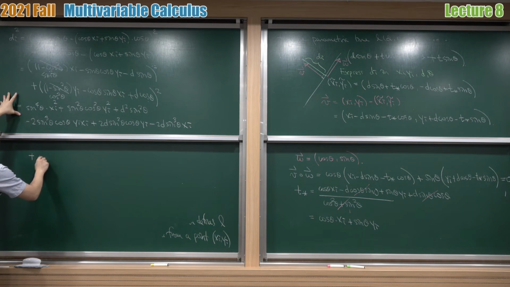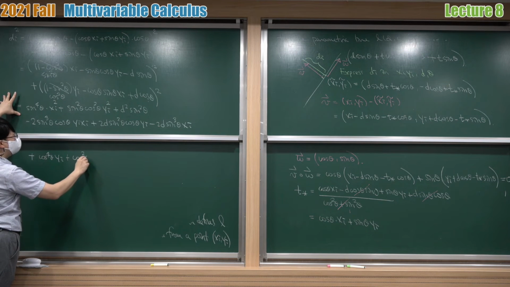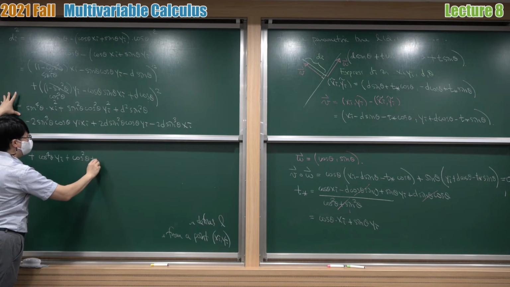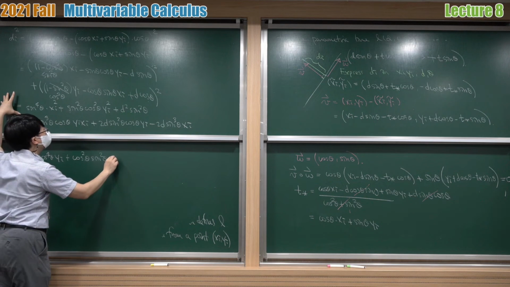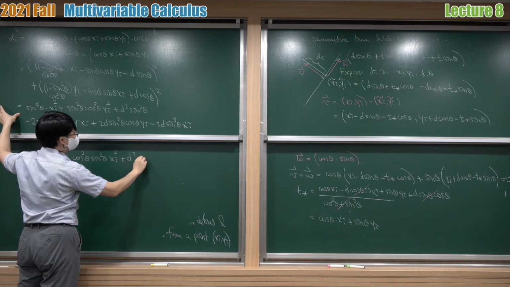So we have cosine fourth yi, and we have cosine square zeta sine square zeta xi square and d square cosine square.